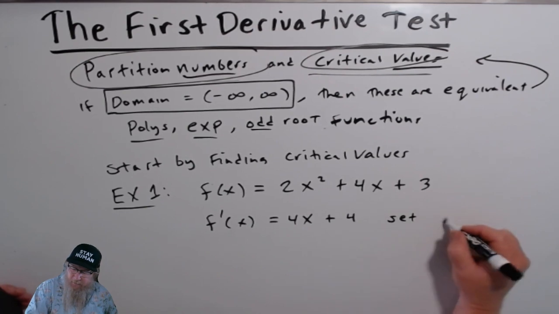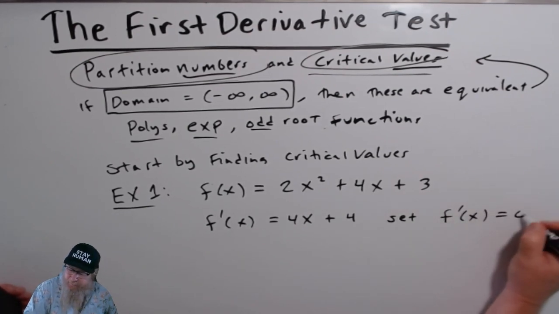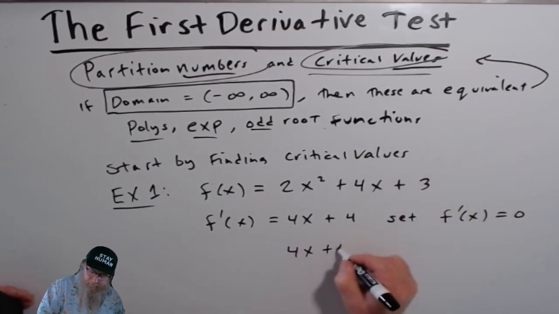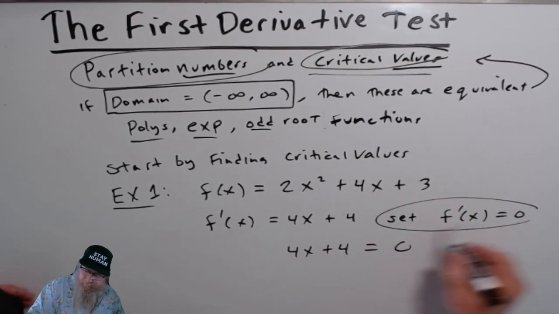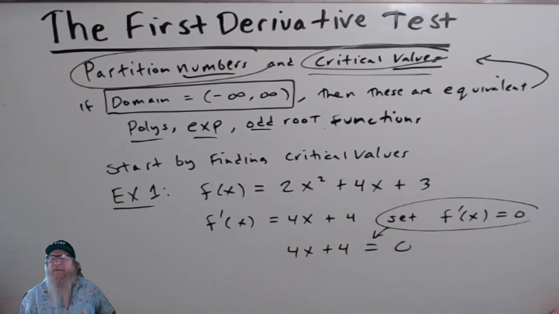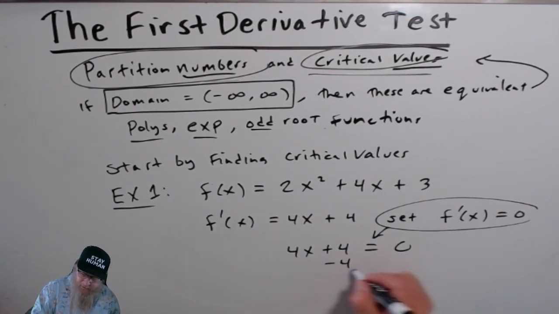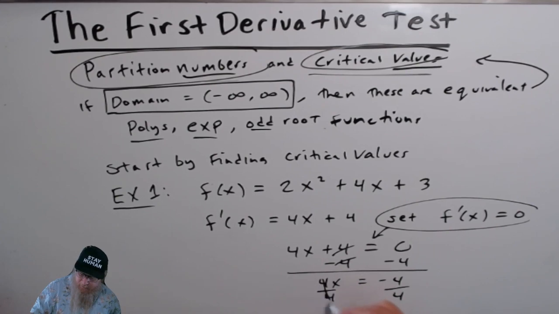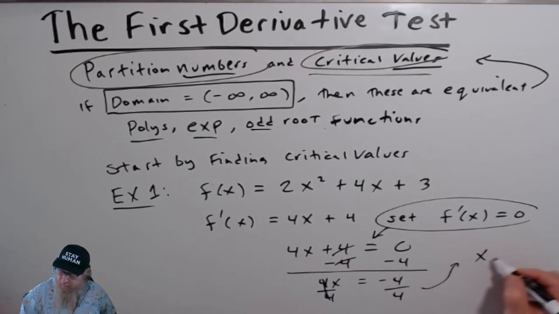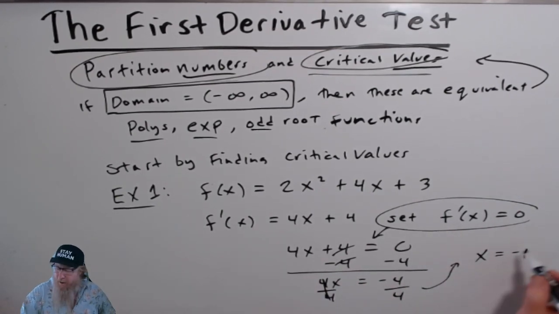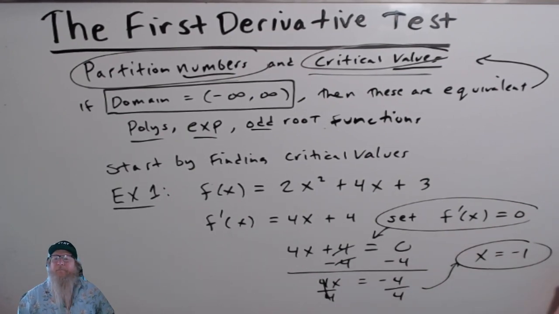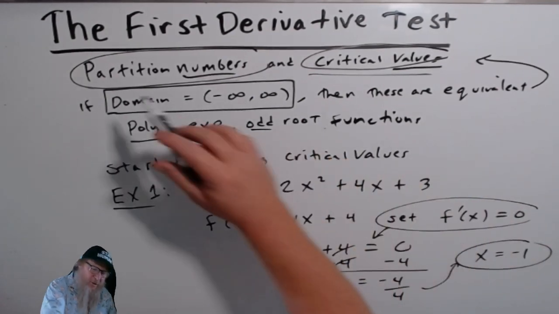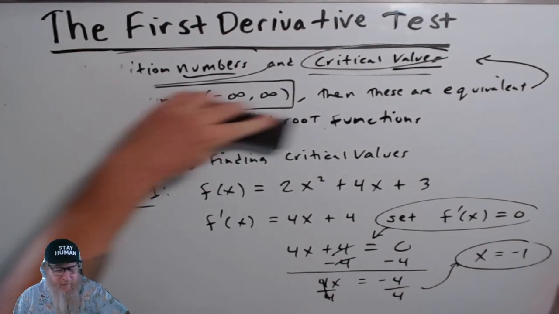And we will set it equal to 0, and solve for x. This one is super easy. I don't have to show all these steps, but since it's example 1, I will amuse you with the critical values. So there's only one critical value, which is also a partition number or a partition value.